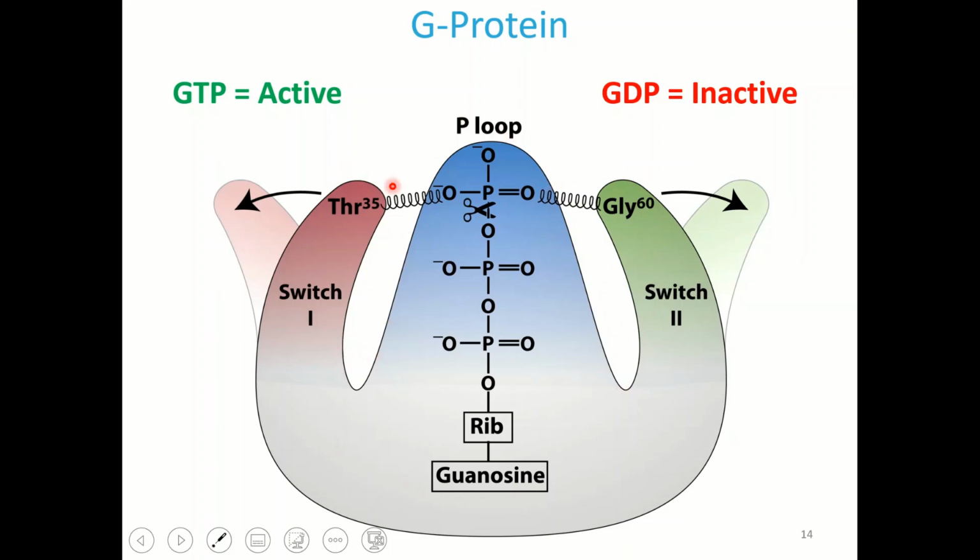And these are sort of the localized domains of this protein. There's a switch 1 and a switch 2 on either side of what's known as the P loop. Okay, and the P loop, I'm guessing that stands for phosphate loop.